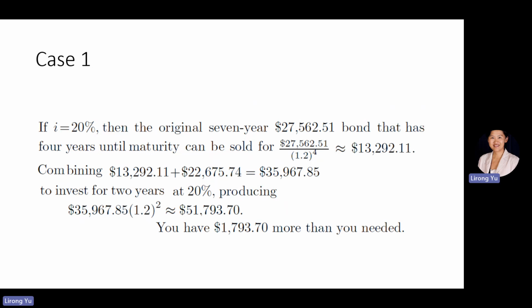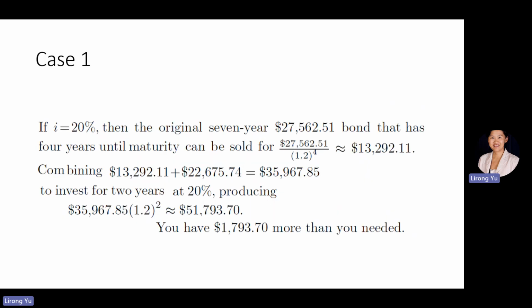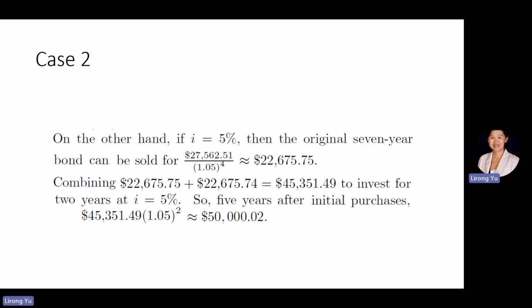We will have that value, and that value combined with the redeemed value of 22,675.74 is the cash that we had at time three. Then we're going to reinvest it at the interest rate of 20%, and then at time five, we'll have 51,793.75. Okay. So we cover the liability of 50,000. We have a little more cash left.